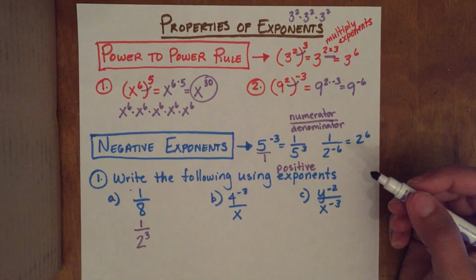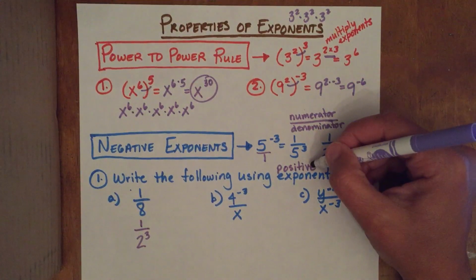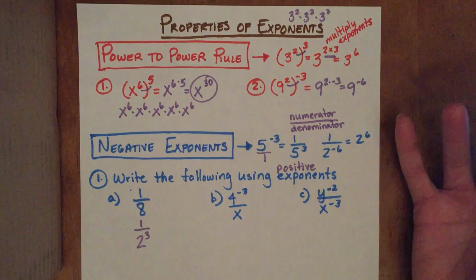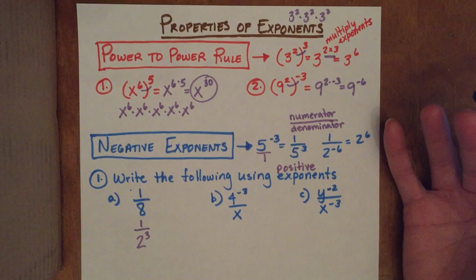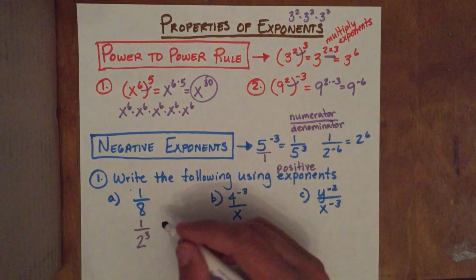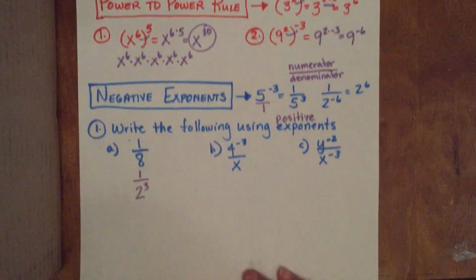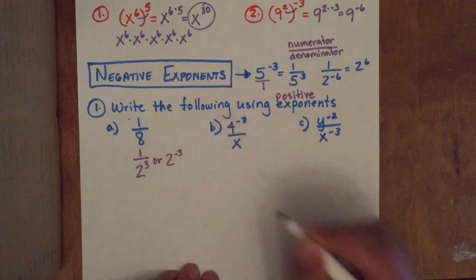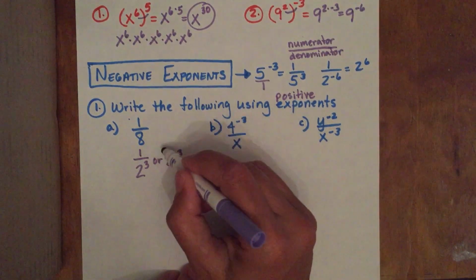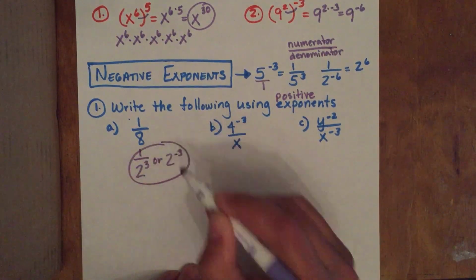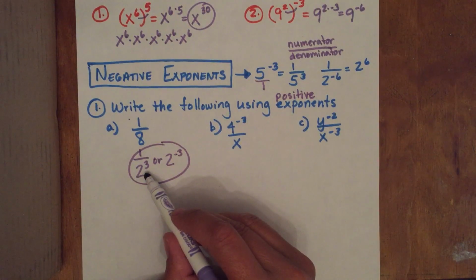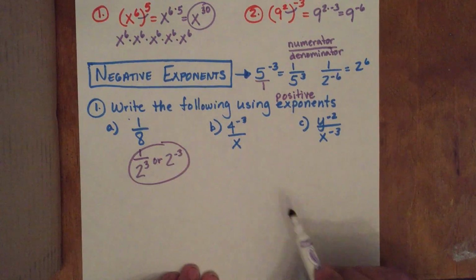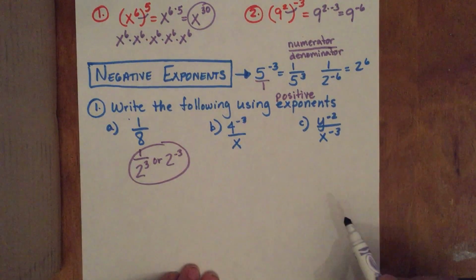We're pretty much done. If I didn't want to use the positive exponent and I wanted to use a negative exponent, and let's say I tried to eliminate the fraction, I could also write this as 2 to the negative third. Remember, either one of these will work because if I have the positive exponent in the numerator, it becomes negative to put it in the denominator, and if it's in the denominator, it becomes negative to put it in the numerator.